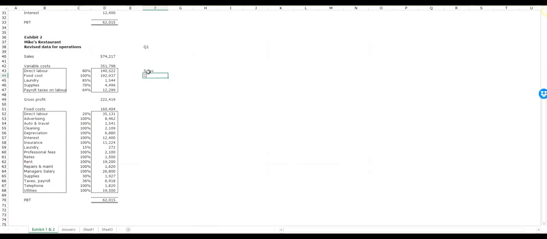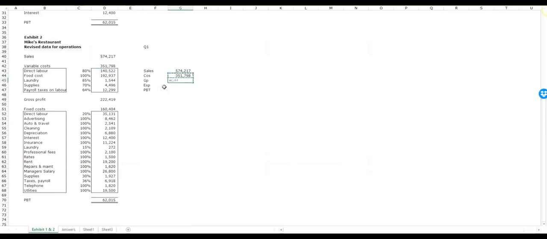Sales less the cost of sales gives us a gross profit, less the expenses gives us a profit before tax. Right? And I'm simply, for now, going to take the data that's given in the question and put it into my grid.